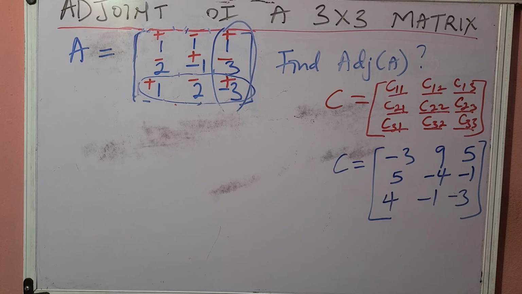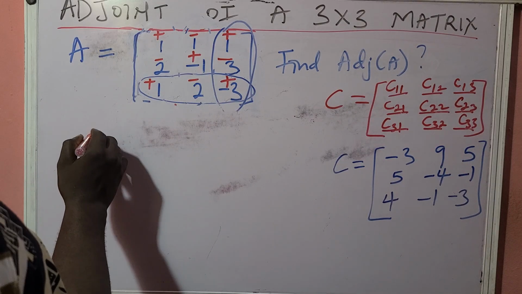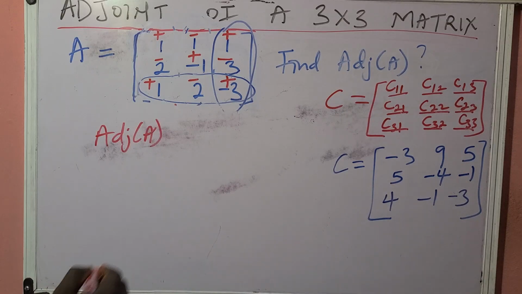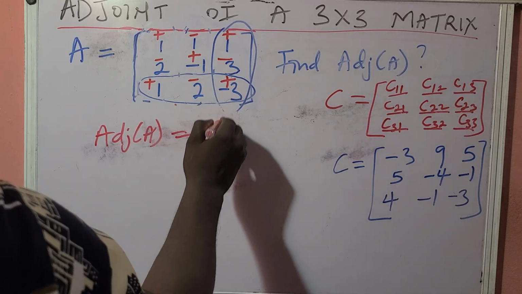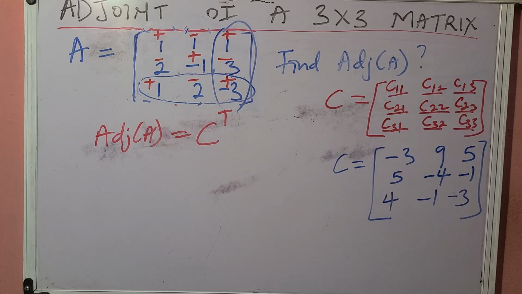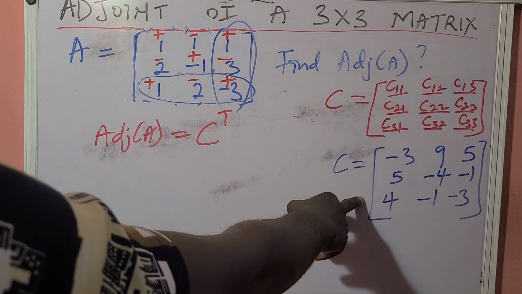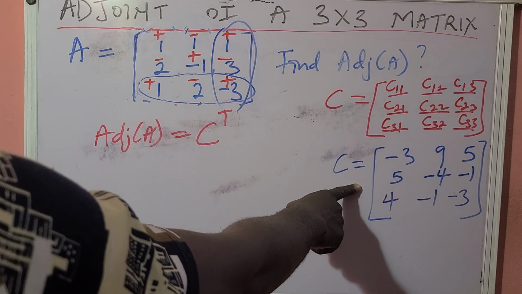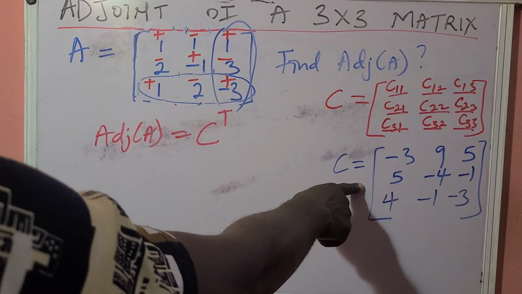So the next thing to do to find the adjoint of your matrix is to transpose the cofactor matrix. The adjoint of A is equal to cofactor transpose. So this is the cofactor matrix right here, but this is not the adjoint. So if you write this down as your adjoint, that will be wrong.